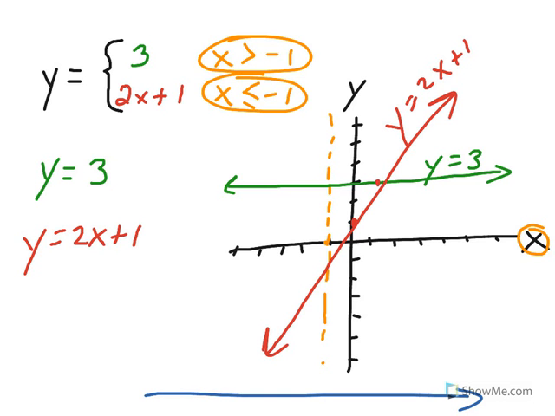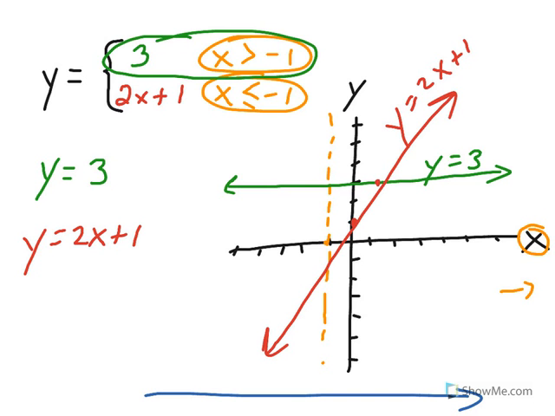Now, to put this into simple terms, back to the orange. Let's look up here. The green function only exists for x values that are bigger than -1. Well, which side of this orange is bigger than -1? Well, it would be on this side. Okay, this side, the right side, is the positive side. It's bigger than -1.